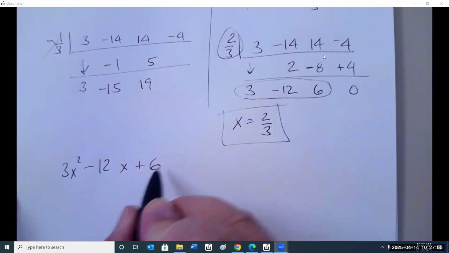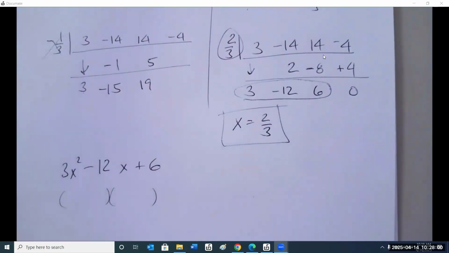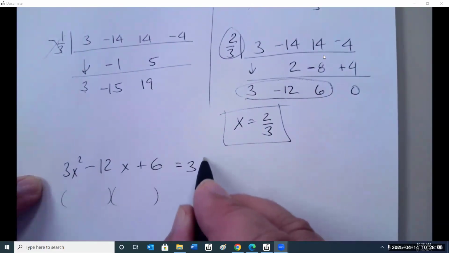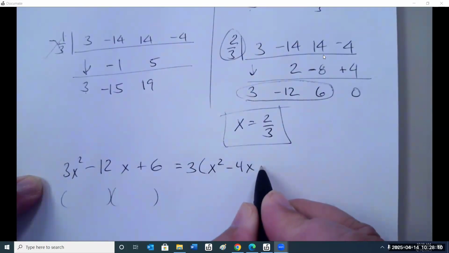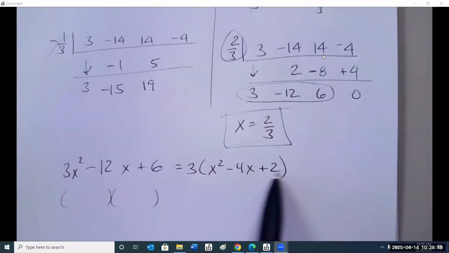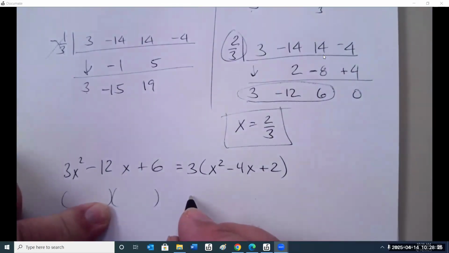If we can't factor it, then we can use the quadratic formula. But we know in this one, they're all divisible by 3. And this cannot go in a factor like this. So we got to use the quadratic formula.